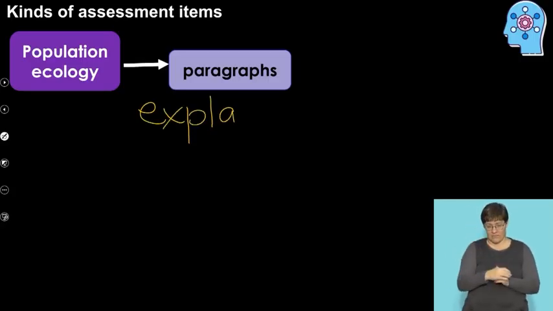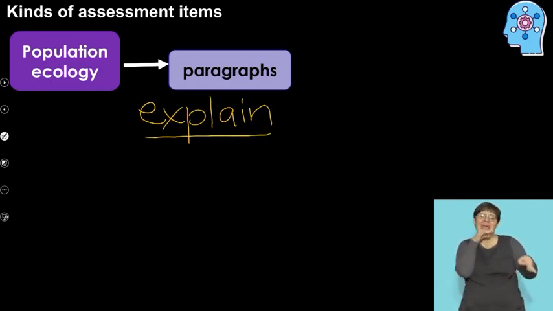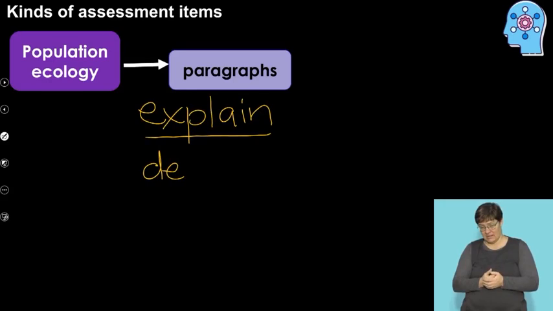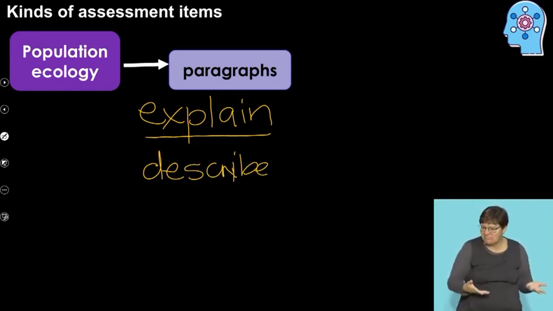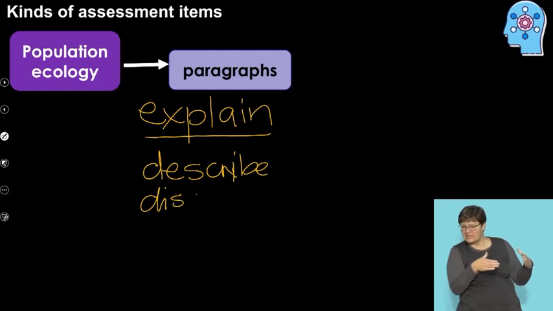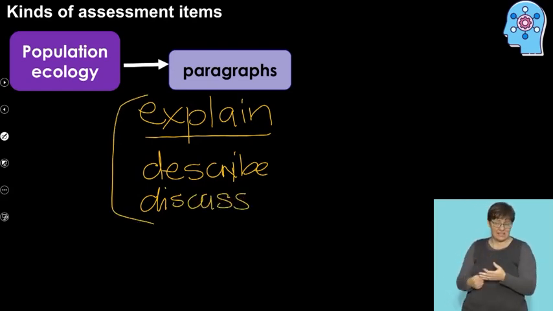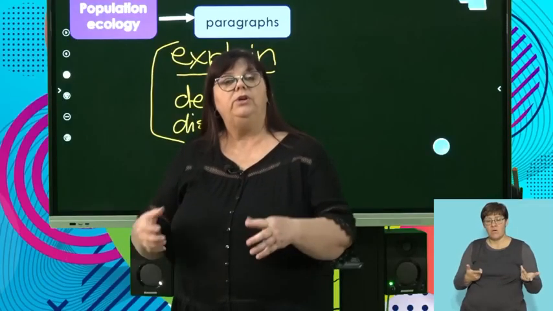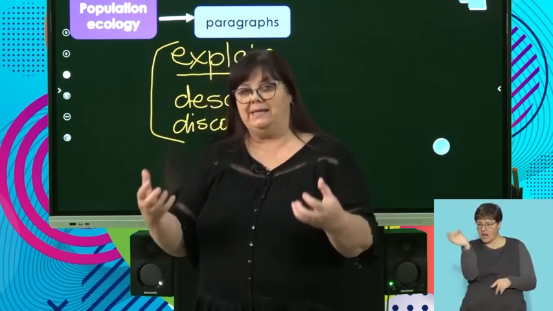So the question may ask you to explain something. It might ask you to describe a process or something that is going to be happening in a population. It might ask you to discuss. And certainly things like explain, describe, discuss, you can't do in one word. You need to be able to unpack ideas.